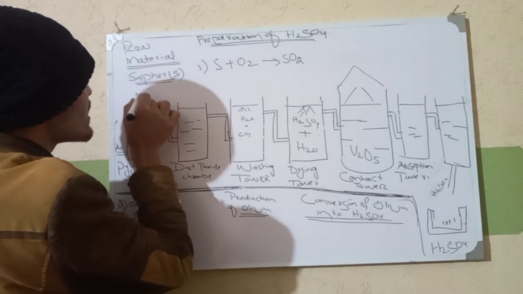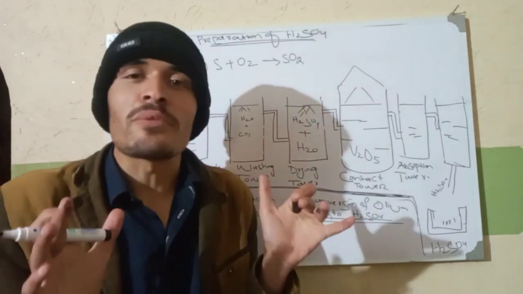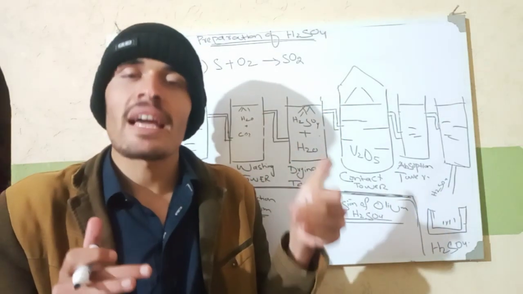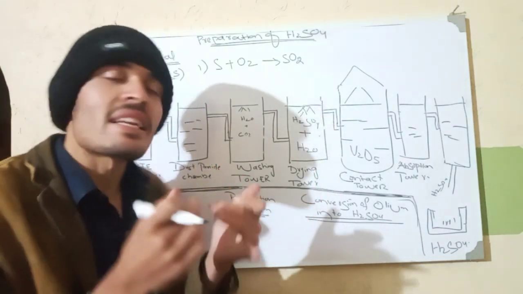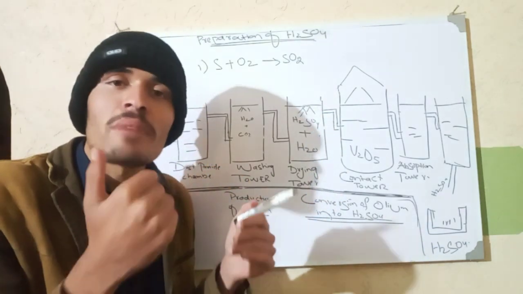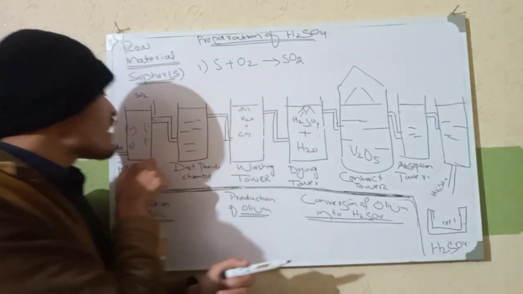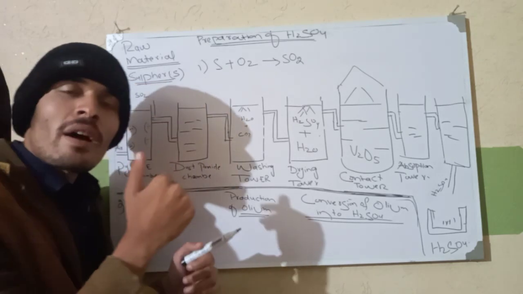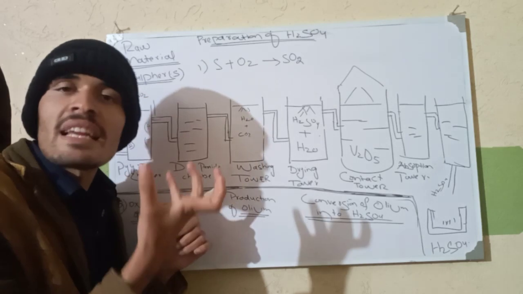Here, not only sulfur dioxide will be produced; some impurities will also be added. Why? Because the pyrite chamber is a little bit exposed to the air, so mainly carbon dioxide will enter. Also we provide heat to the sulfur in this pyrite chamber, so dust particles will be added, and also some arsenic oxide.